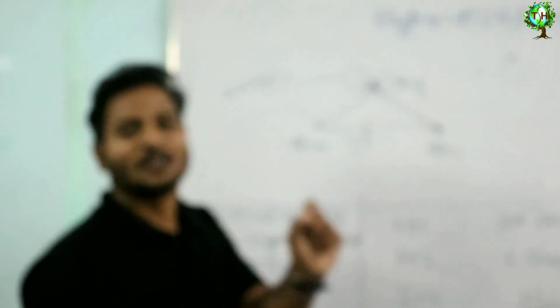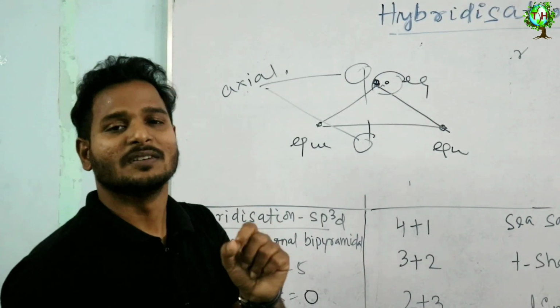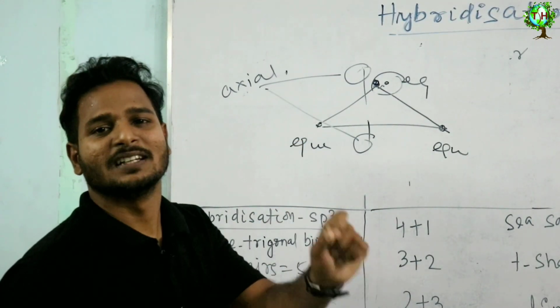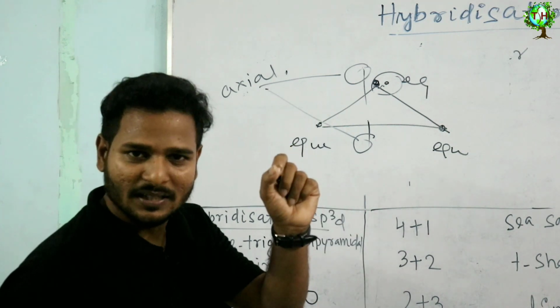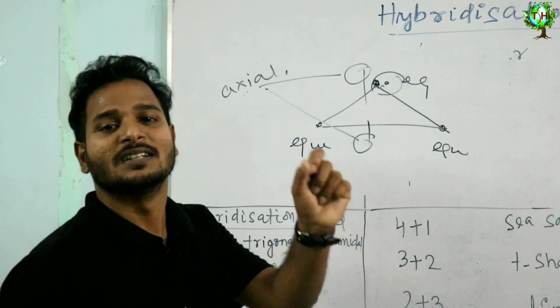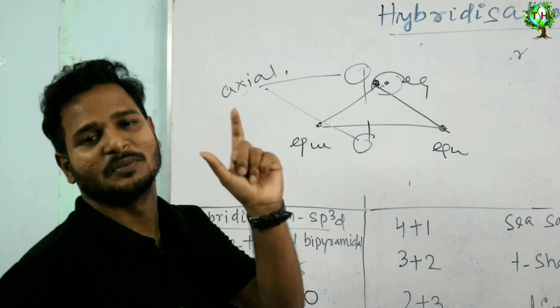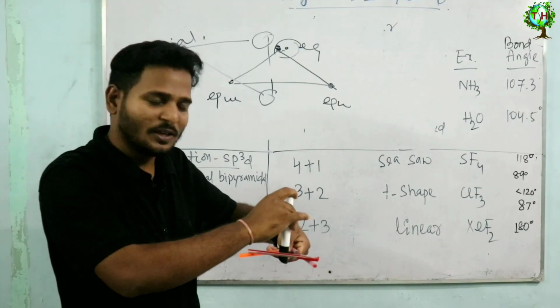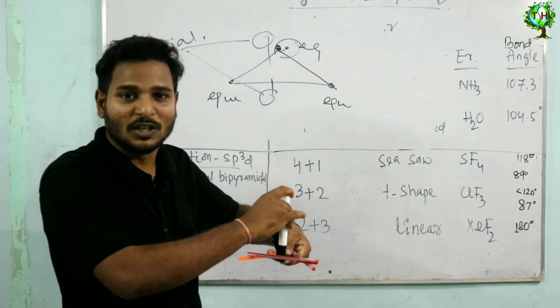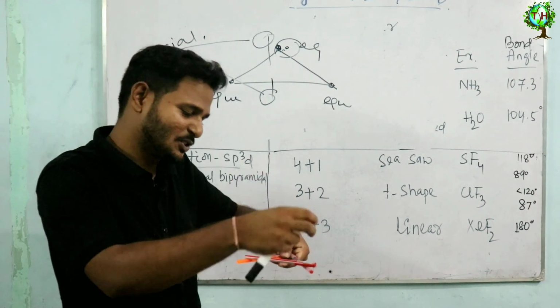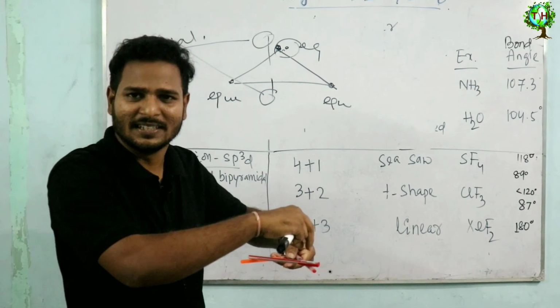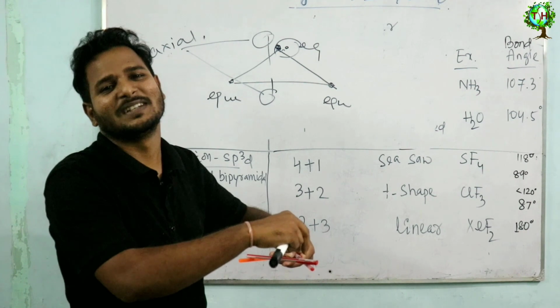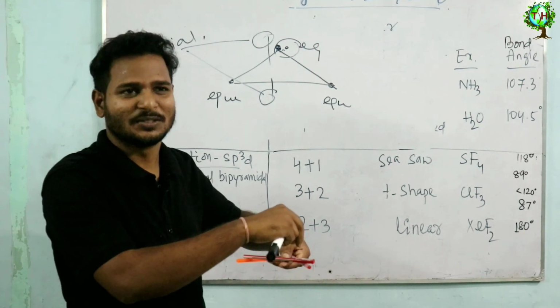So, in the trigonal bipyramidal structure, the lone pair is always placed at the equatorial position due to less repulsion. This is the trigonal bipyramidal structure in a regular geometry. When I insert a lone pair, it should be at the equatorial position. When a lone pair is there, it definitely deviates from the ideal angle, that is 120.